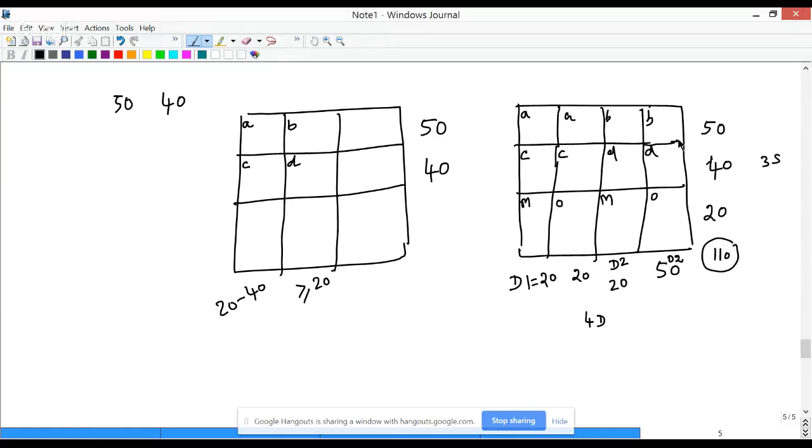So this completes the formulation with 3 supply points, 4 demand points, costs redefined, and a total of 110.